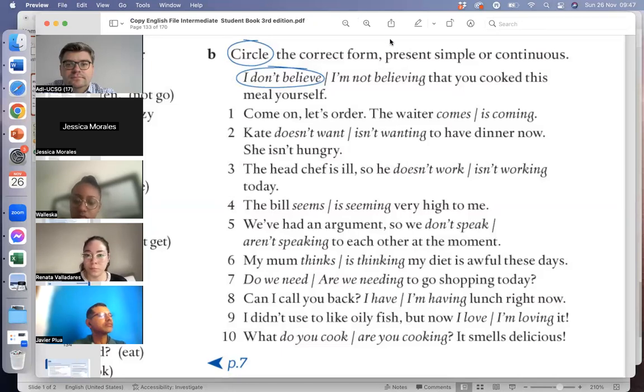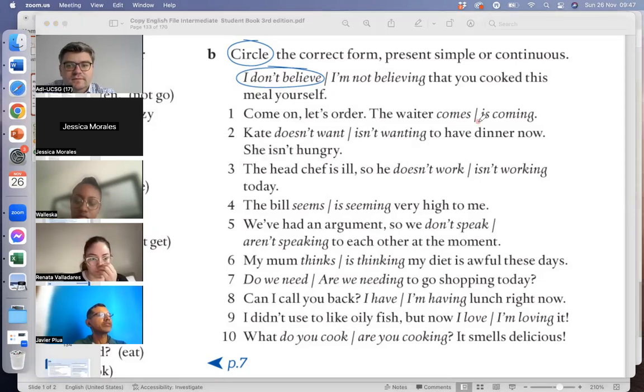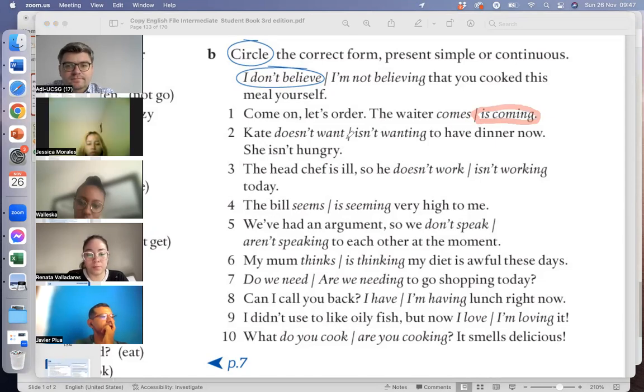When? Sorry, say again. Isn't wanting. Why? Is it an action now?